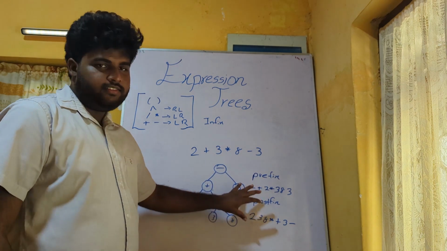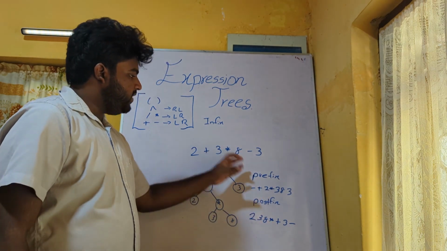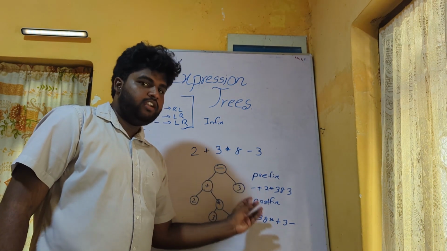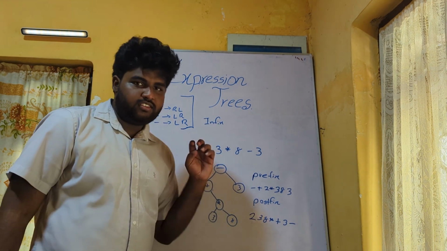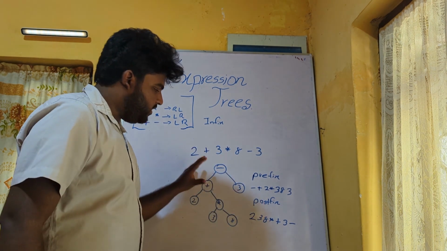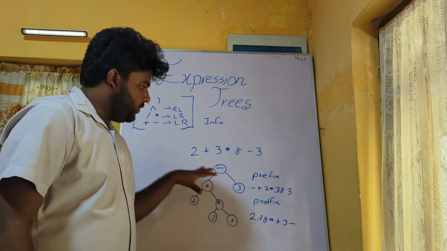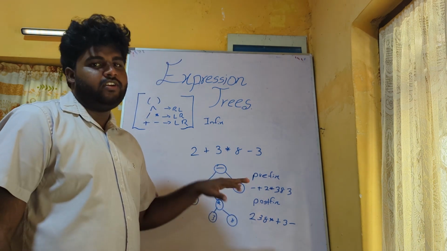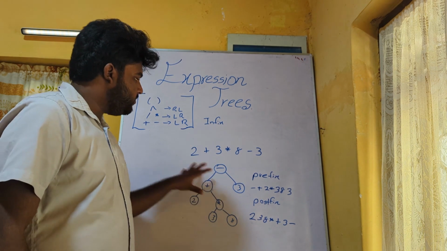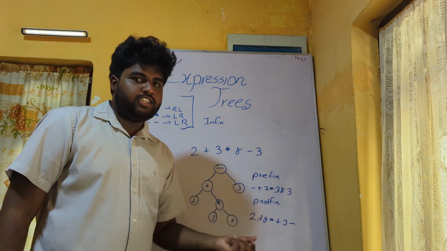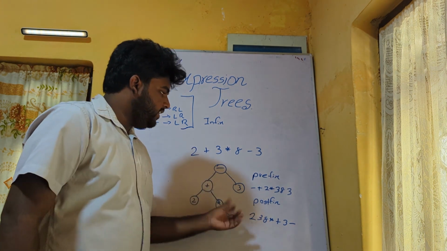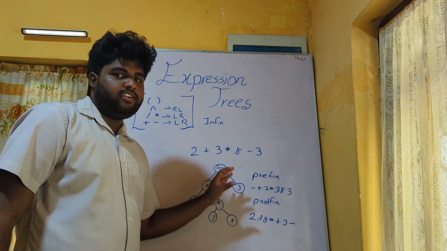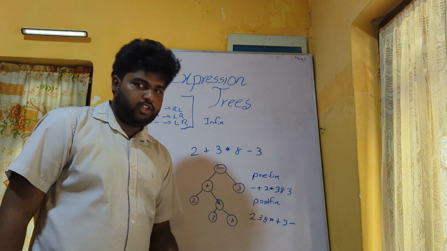So as you can see, getting a prefix and postfix expression from an infix expression is so easy if you have the tree drawn for it. So you do not need to engage any of those stack logics in order to find it. You can simply do the tree traversal and get the expression you need.